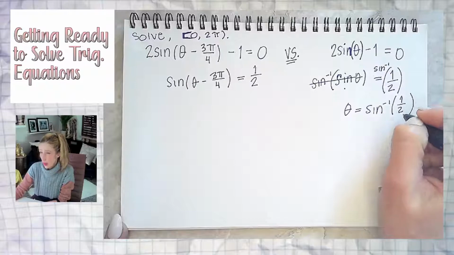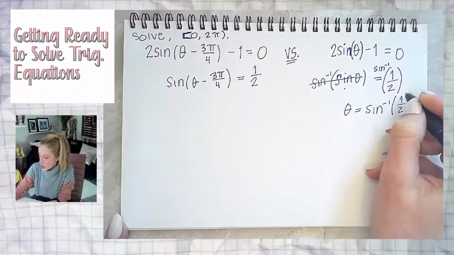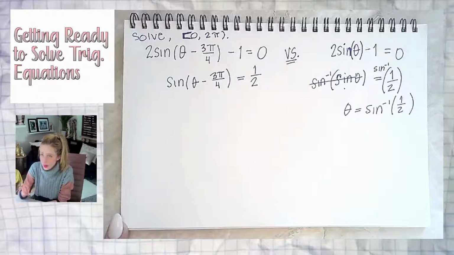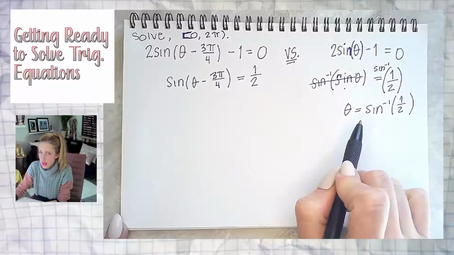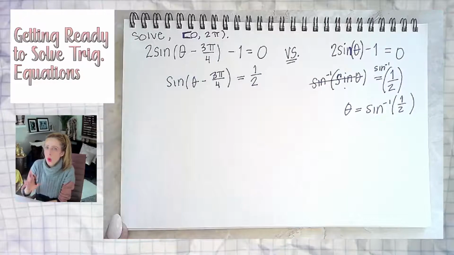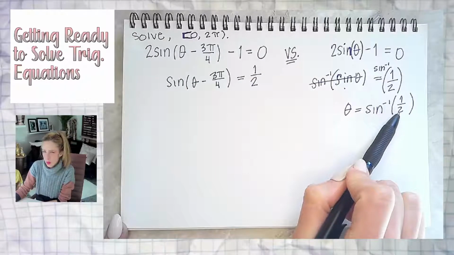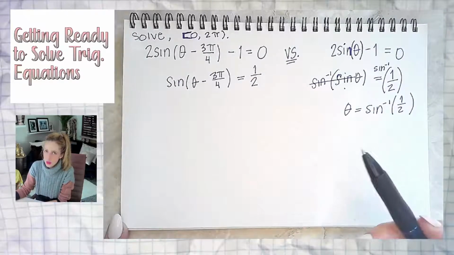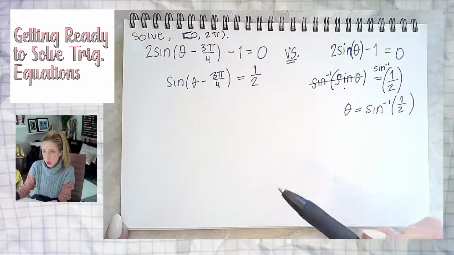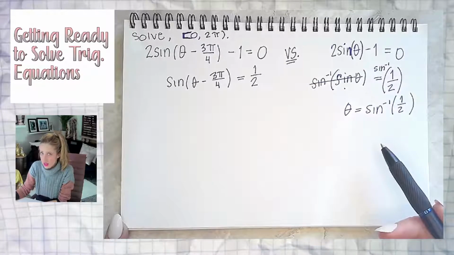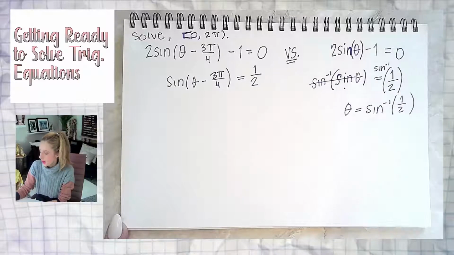However, if this was a 1/3, which we should probably talk about again soon, you would get only an answer in quadrant 1. In lesson 11 or 12, we talked about trig inverse as a function and how it only gives you answers in one quadrant when it's positive, one quadrant when it's negative. But between 0 and 2 pi, sine is 1/2 in two places. So even if you use a calculator, you still have to do work yourself on top of that to finish a problem. Keep that in the back of your head.